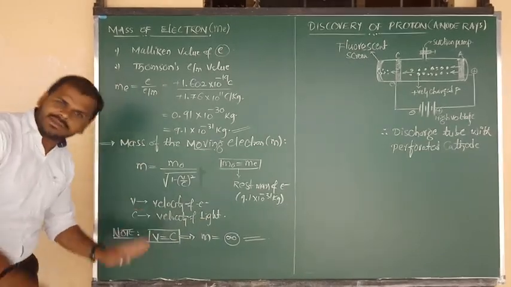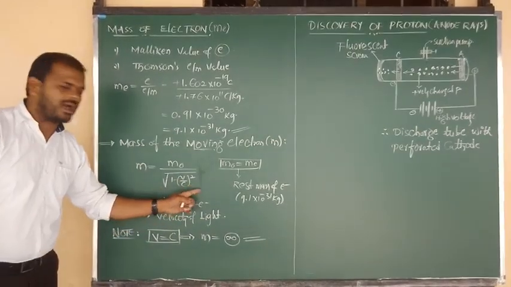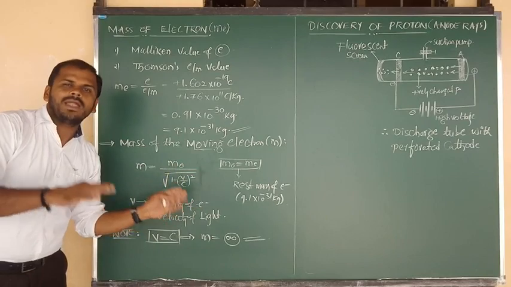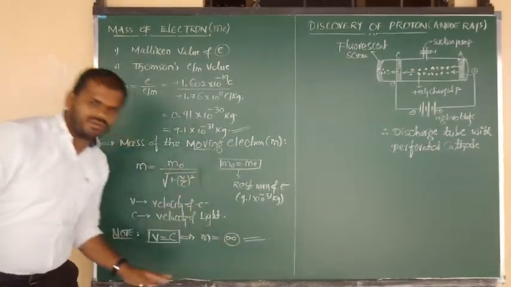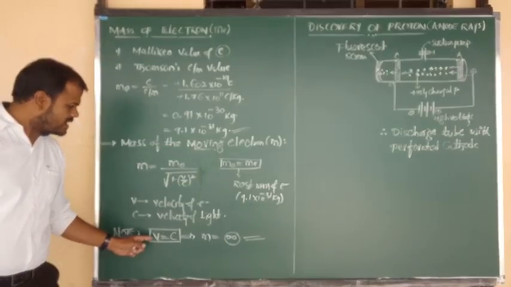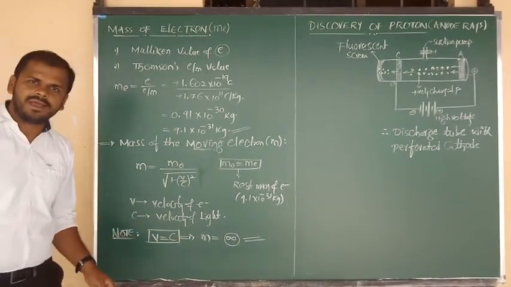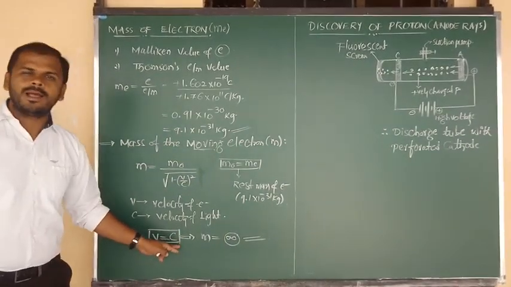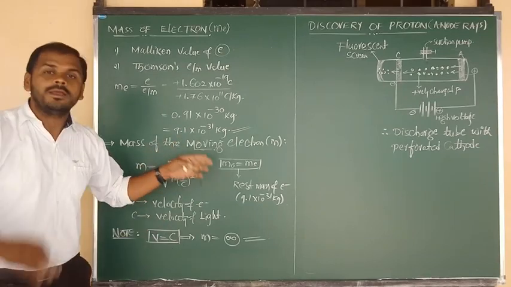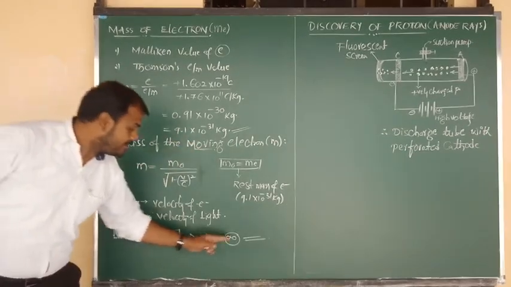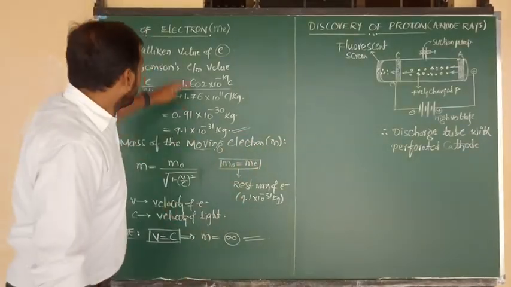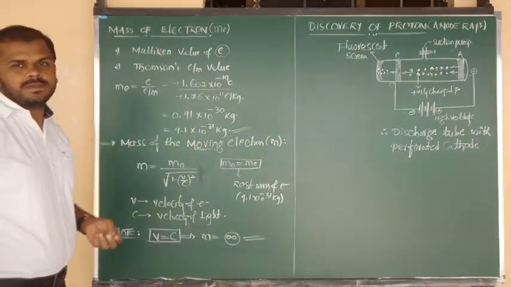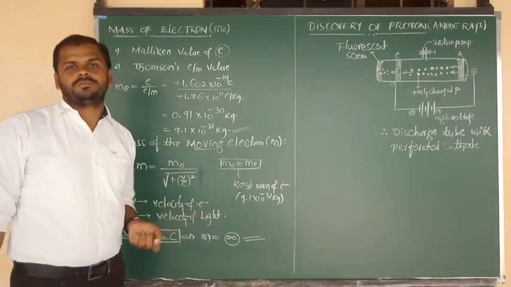If these two values are equal, according to this formula the entire denominator becomes 0, and we get infinity. That means if the velocity of the electron and the velocity of light are equal, the mass of the moving electron becomes infinity. You have to focus on both concepts as per our NCERT textbook also.